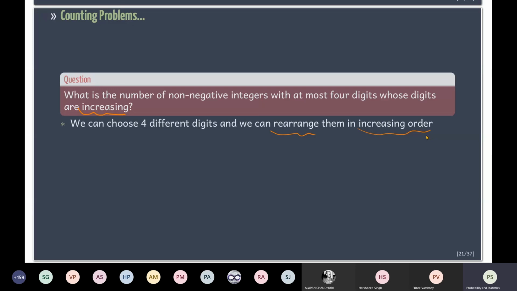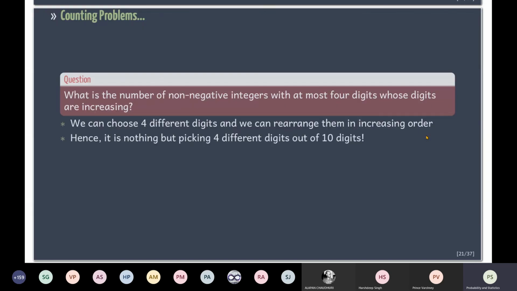So we can pick the digits randomly, not in increasing order, but we can rearrange them in increasing order. Hence it is nothing but picking 4 different digits out of the 10 digits.